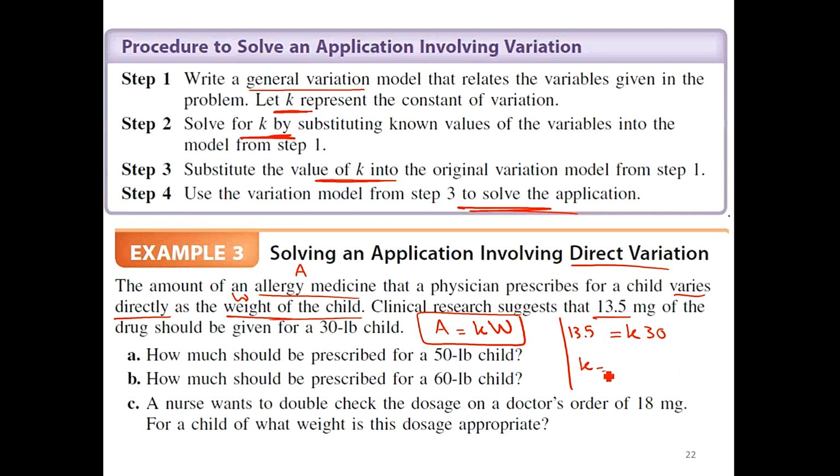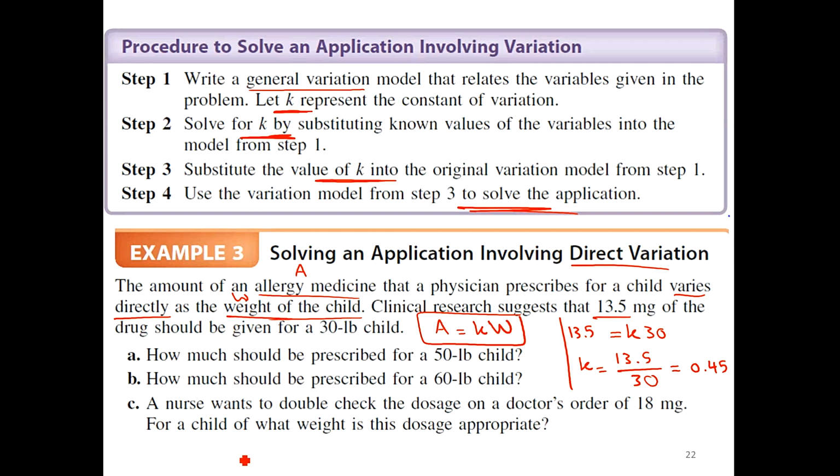So K equals 13.5 over 30. By calculator, 13.5 divided by 30 equals 0.45. Okay, this is the constant.